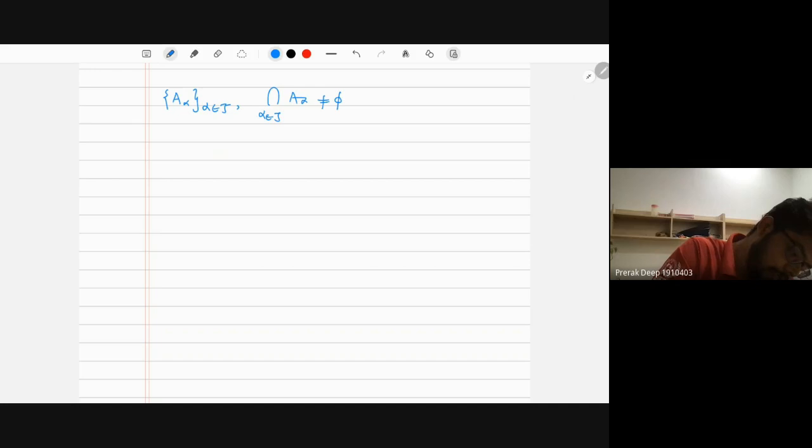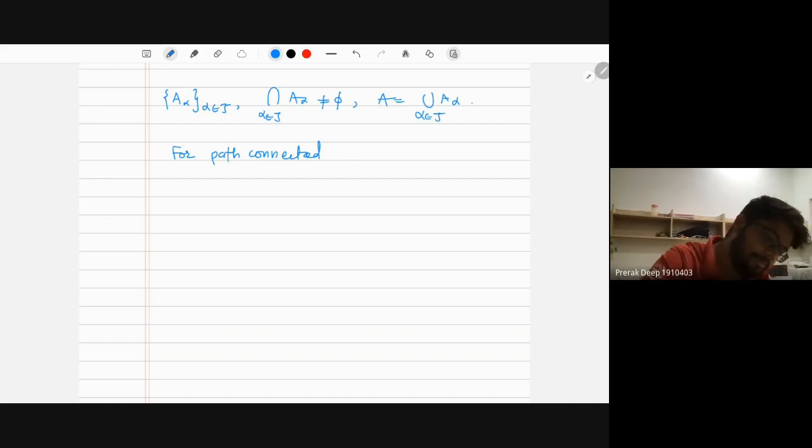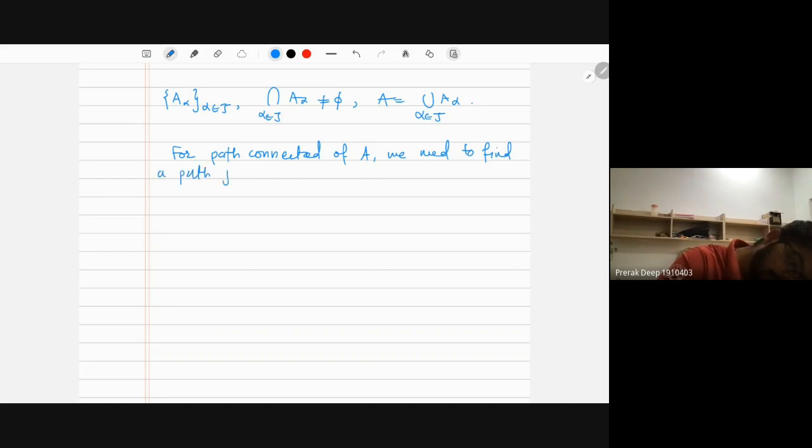So now for path connectedness, let's call A the union of A alphas. For path connectedness of A, we need to find a path joining any x, y in our space A.